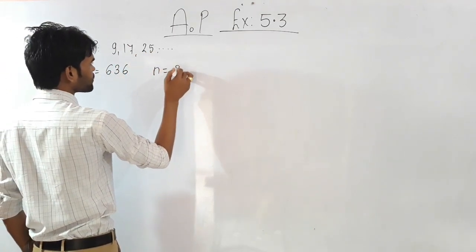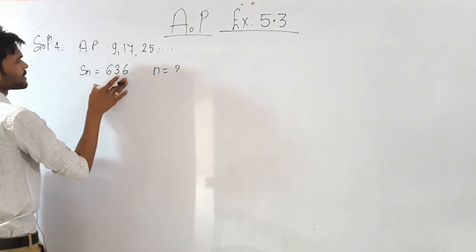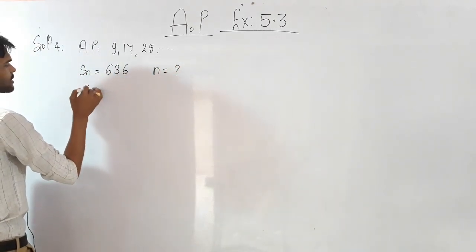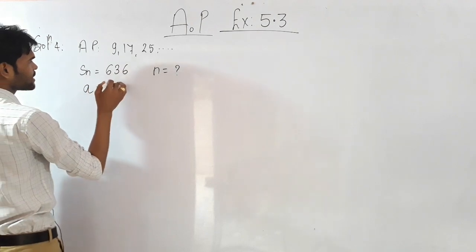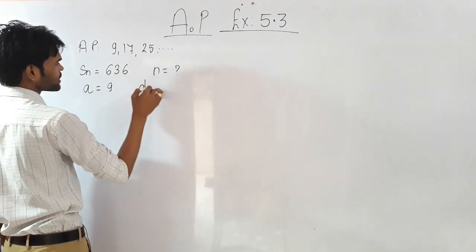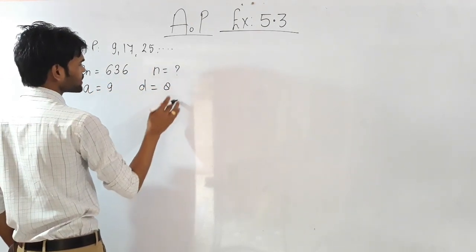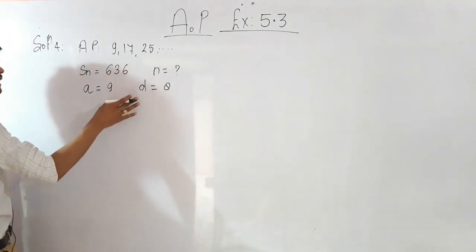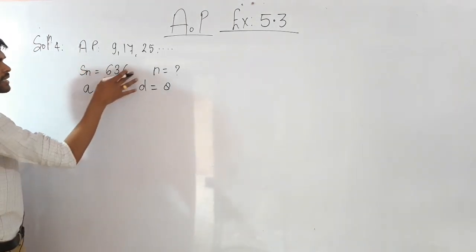So we have to find n here. We are given Sn equals 636. From this AP we can write a equals 9 and also d equals 8. Is that clear? We have collected the data first in the given question.